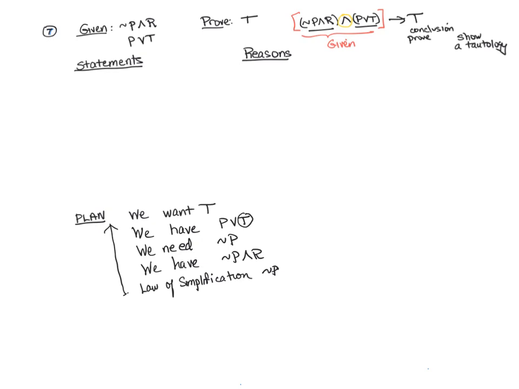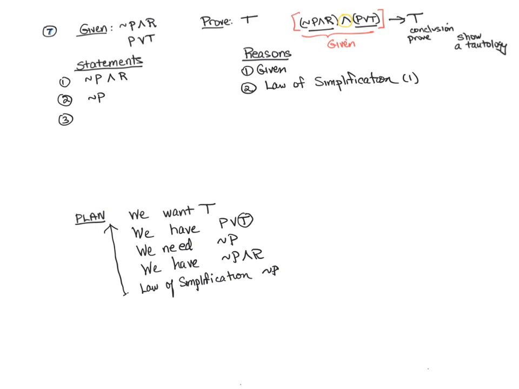So now we're ready to write it. So let's write it. So first we're going to start with the given, and we're going to start with not P and R. And from this conjunction, we need the not P. And I'll say law of simplification from step 1.